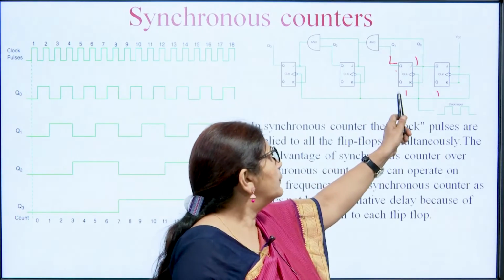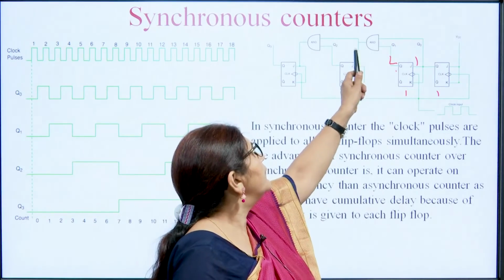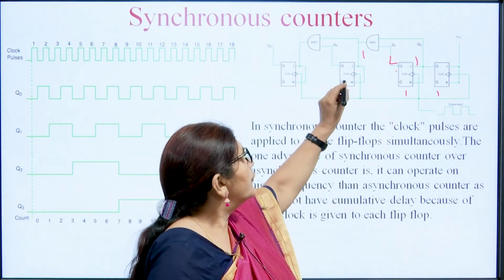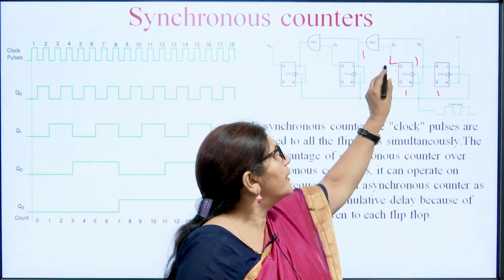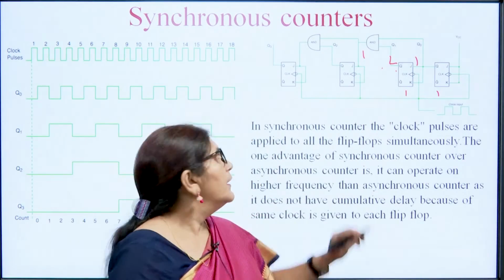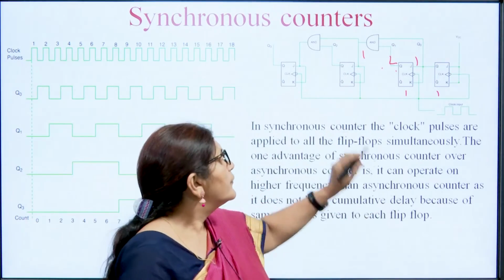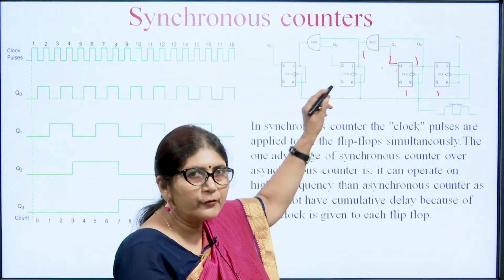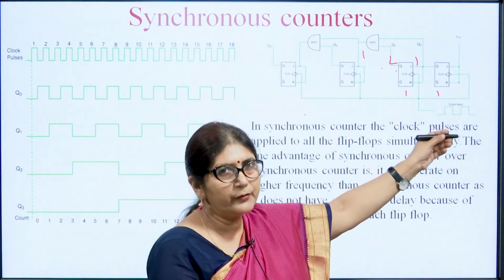So, when the outputs of both flip flops are 1 1, only then will the AND gate produce 1. And when the next clock appears, this flip flop will change its state from 0 to 1, and this will change from 1 to 0. So, after 1 1, it will read 1 0 0.